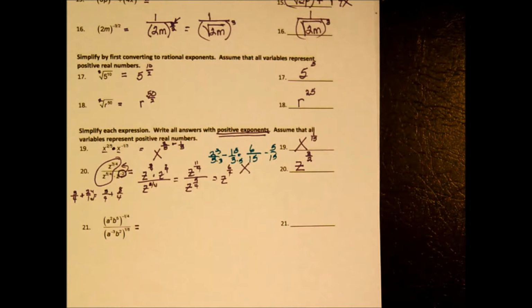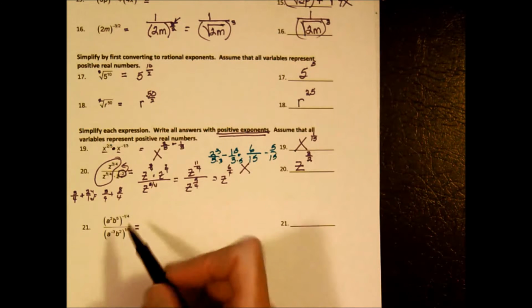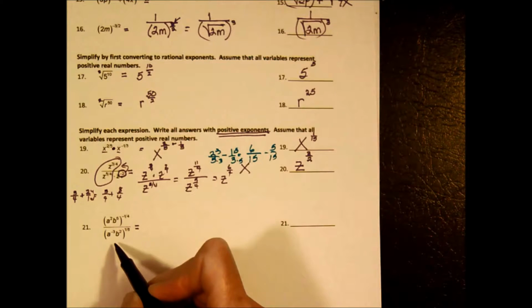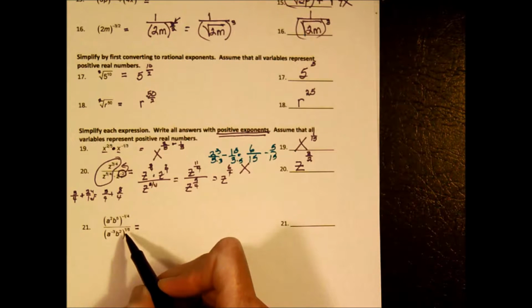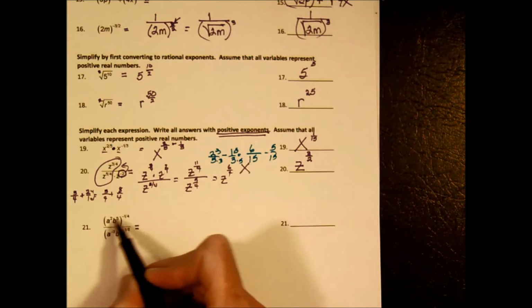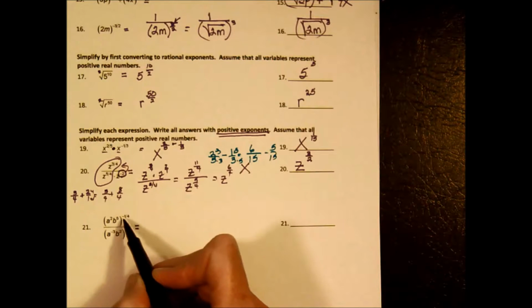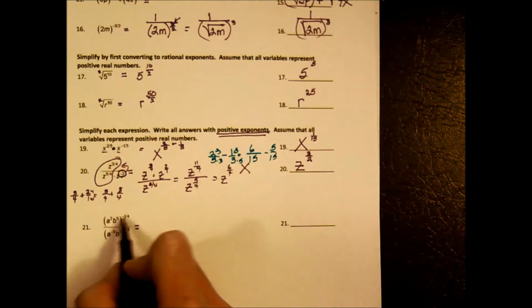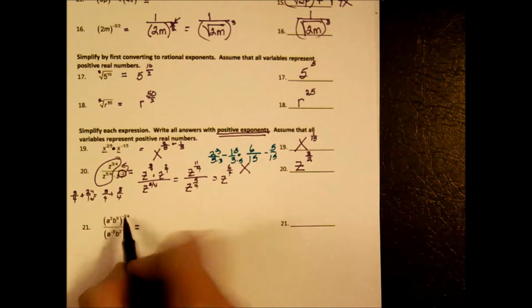Let's look at this one. There's so many different ways you could approach this one, but because the numerator has its own outside exponent and the denominator has its own outside exponent, I'm going to apply those outside exponents separately. I'm not going to deal with the negative part. I think that's going to confuse you. So when you have an inside exponent times an outside exponent, that's what you do, is you multiply.